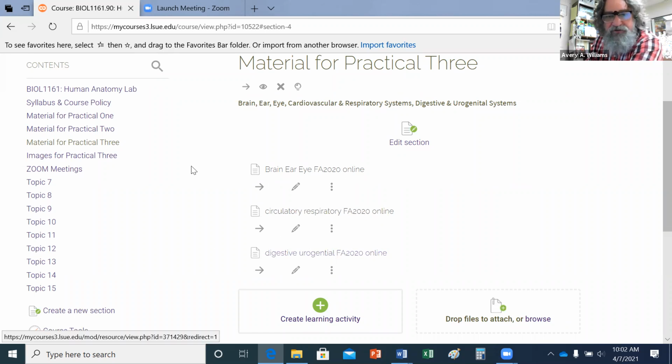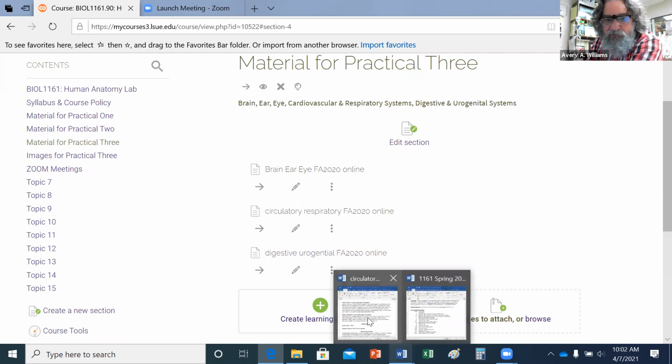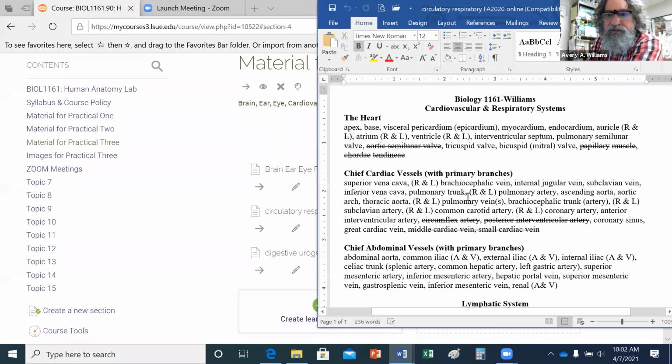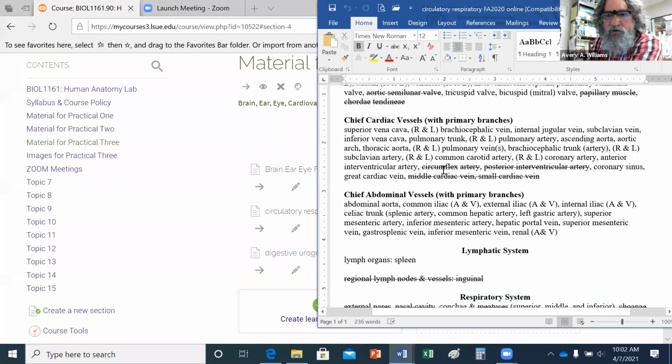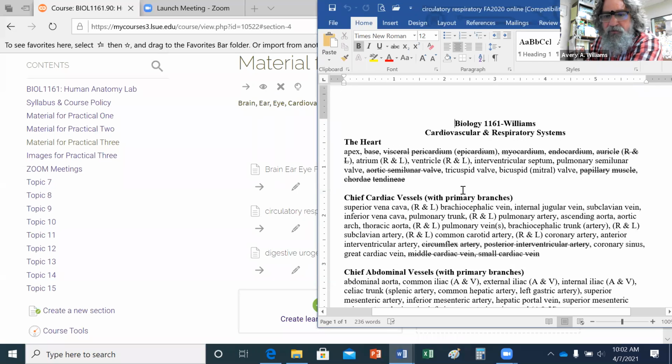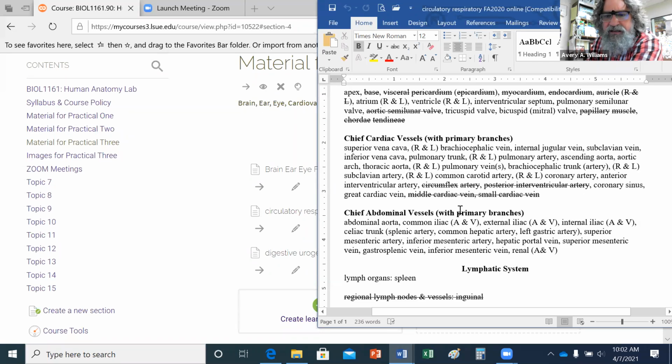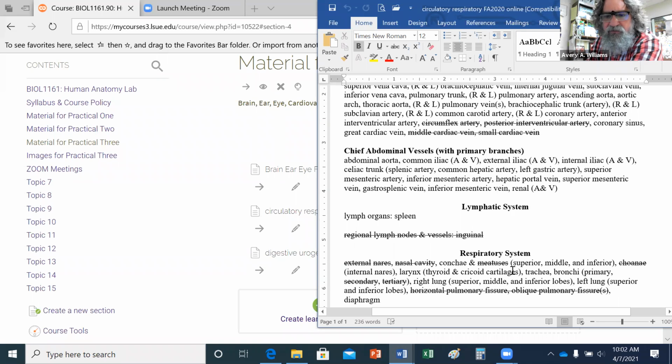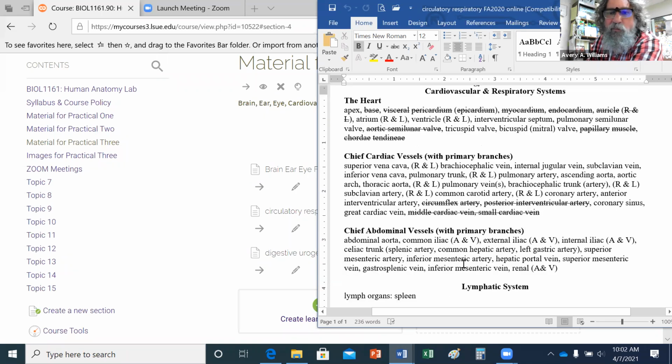But anyway, here's all your stuff. You click on this one, and this will show up. Ta-da, like this. It says cardiovascular and respiratory. And like I said, we're going to do all the circulatory today, and then we'll do all this respiratory stuff next week.